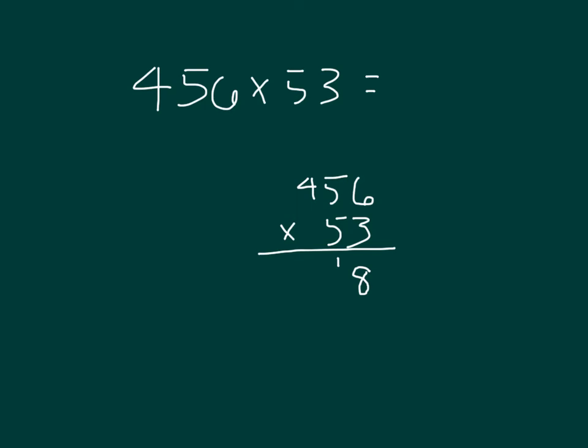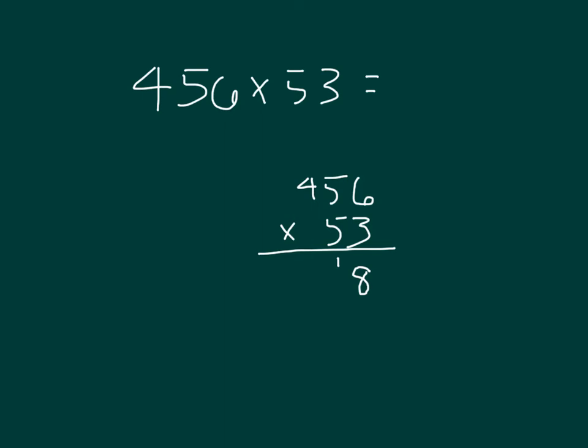I would record the 8 in the ones place, and then I would regroup right there. Next, I have 3 times that 5 tens, which is 15 tens, plus that one other 10 from my 3 times 6 earlier, which is 16 tens.